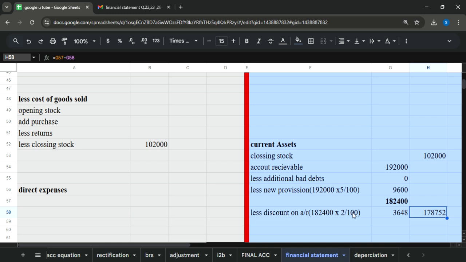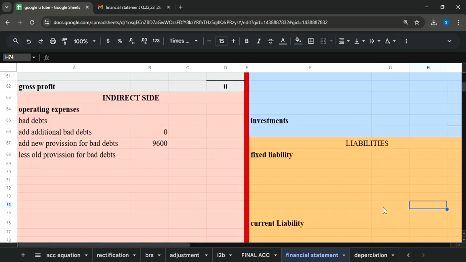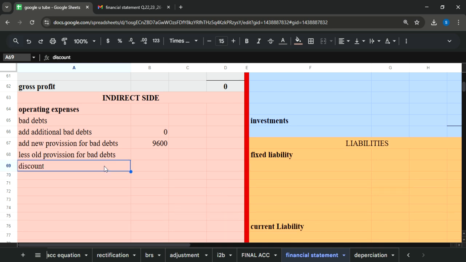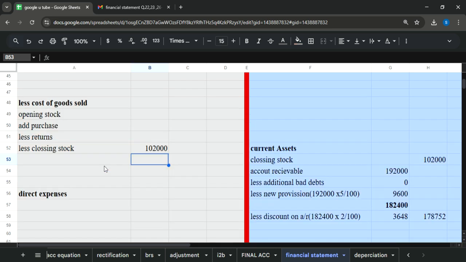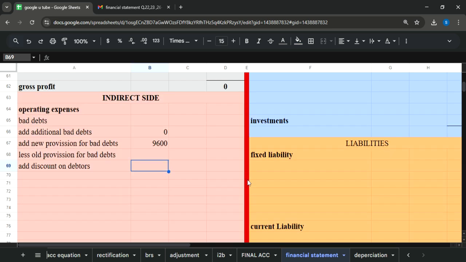And this 3648 discount on debtors would also be part of this statement, and this discount would be added, discount on debtors, because it's an expense. So here we will write the amount which we have calculated, 3648.